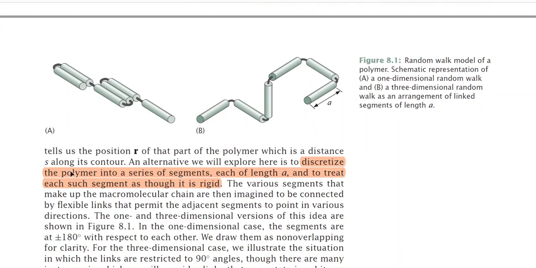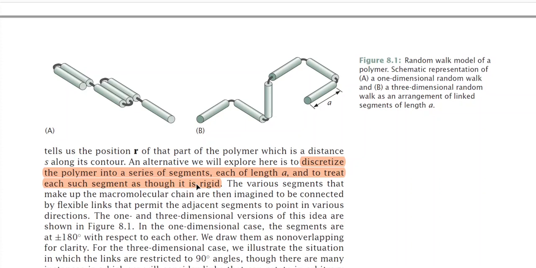This function tells us the position R of that part of the polymer which is a distance s along its contour. An alternative we will explore here is to discretize the polymer into a series of segments, each of length a, and to treat each such segment as though it is rigid.